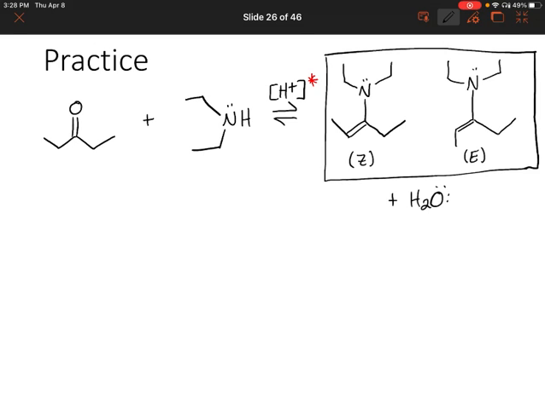So what is the relationship between these 2 products? Are they constitutional isomers, enantiomers, diastereomers, or are they the same? So we can already rule out identical. We know they're not the same because we said that they're Z and E isomers. Let's see.